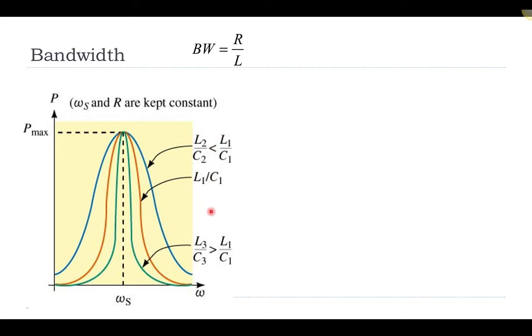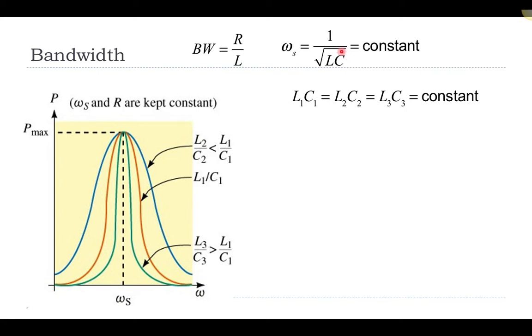This is a little bit tricky to understand what's going on, so we need to sort of talk our way through it. So bandwidth is defined as, we calculate it as the resistance over the inductance, and we know that the resonance frequency can be found as 1 over the square root of the inductance times the capacitance. And in this particular picture, we're saying that that resonance frequency is constant.